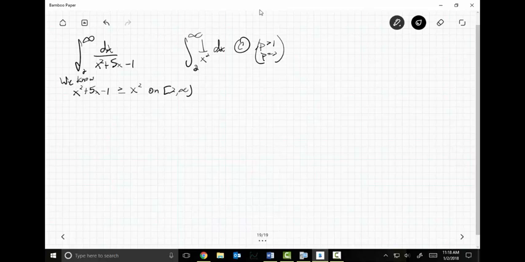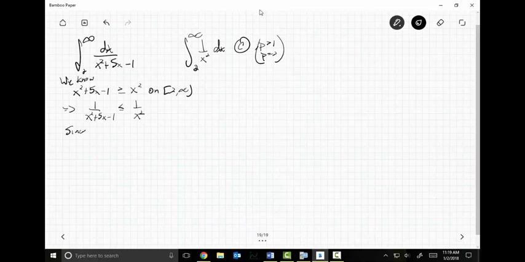Well, guys, 2 squared is 4, plus 10 is 14, minus 1, that's bigger than 4. So it's going to be that way forever. This implies that 1 over x squared plus 5x minus 1 is less than or equal to 1 over x squared, because I took the reciprocal. Remember, when you take the reciprocal of both sides of an inequality, the direction of the inequality reverses.